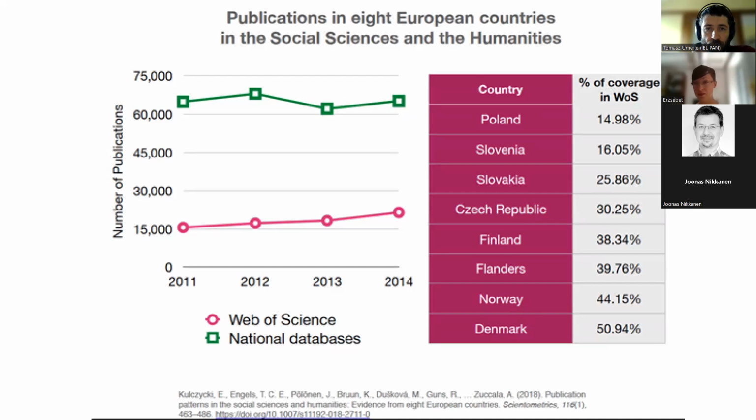If you're working with national CRIS systems, if you're working with bibliodata, I think you might be well aware of this study and how compellingly it shows the unsatisfactory coverage of arts and humanities scholarship in big citation databases such as Web of Science or Scopus. In their work, they check them against national CRIS systems, and the numbers that you can see on the right side are quite sad. So that's the elephant in the room, I would say.